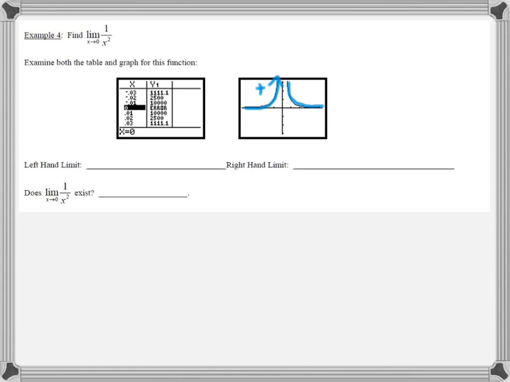Since the limit as x goes to 0 from the left of 1 over x squared equals positive infinity, and the right-hand limit as x goes to 0 from the right of 1 over x squared equals positive infinity, since both go to positive infinity, does the limit as x goes to 0 of 1 over x squared exist?